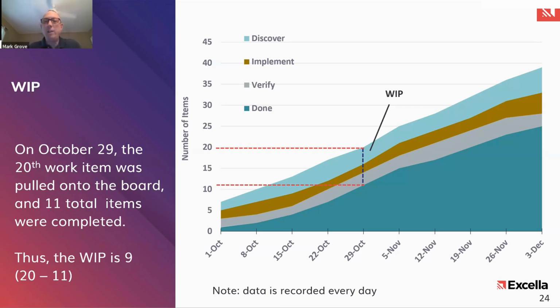If you take a line and go all the way over for both the top and bottom, you can see that at that particular moment we have 9 items in the system. So October 29th, we can say there are 9 items. You can look back and say how many items were in our system on October 29th. We know the answer is 9. Okay, so that's the first metric.